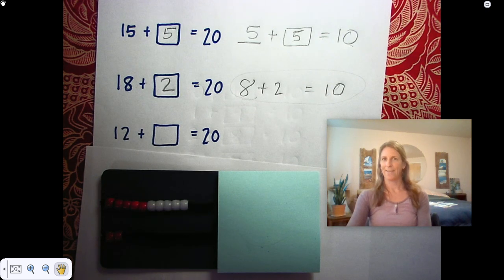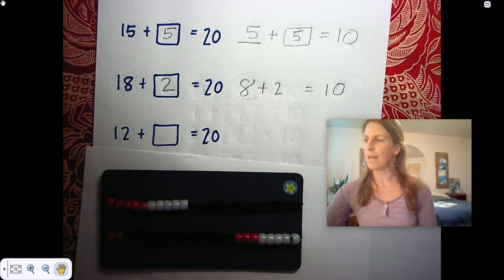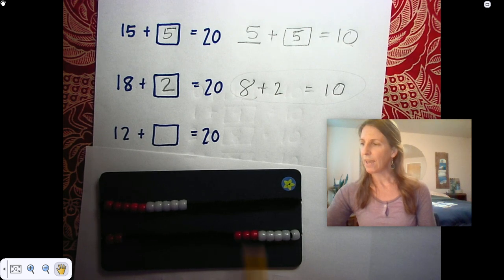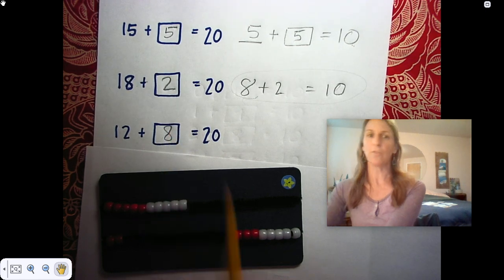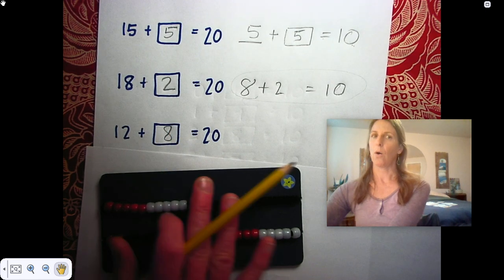What'd you get? Did you write it in? Did you get 8? Because there's the 3 and there's the 5. 3 and 5 is 8. 12 plus 8 equals 20. Wow.